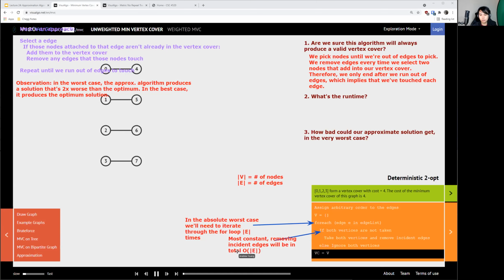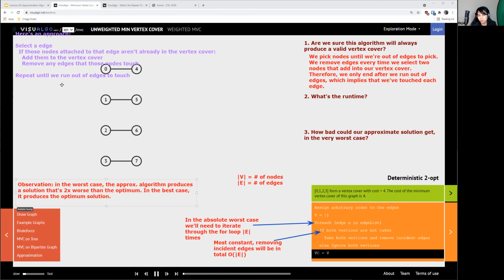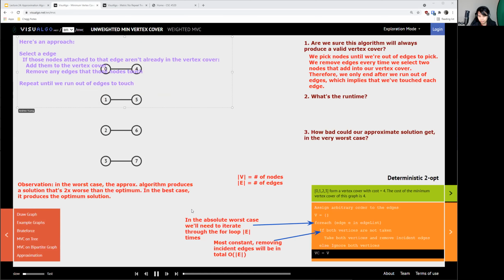So this is just a fancy way of saying, if I remove edges that these nodes are touching, then that means we're going to remove at most E edges, if we count through every single iteration of the for loop, right? Which means that the overall runtime here is O of E, because we literally just go through every single edge and we're removing every edge once. And we're iterating through each edge once in the worst case.